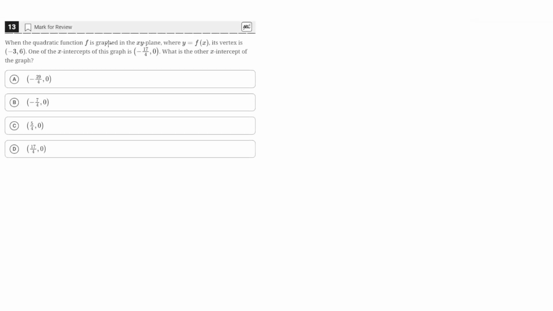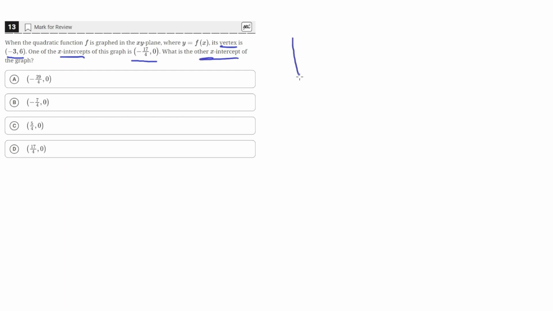When the quadratic function f is graphed in the xy plane, where y equals f of x, its vertex is negative 3, 6. One of the x-intercepts of this graph is negative 17 over 4, 0. What is the other x-intercept of the graph?